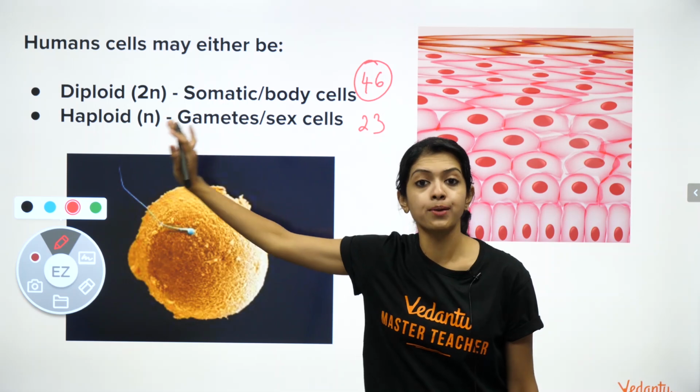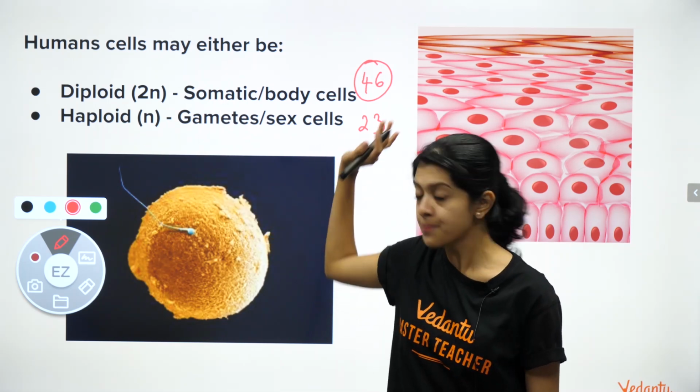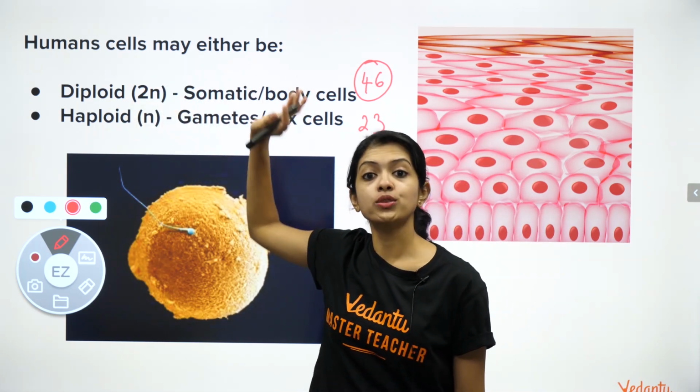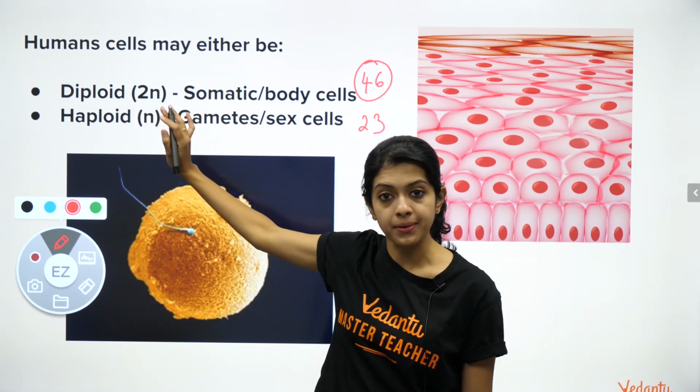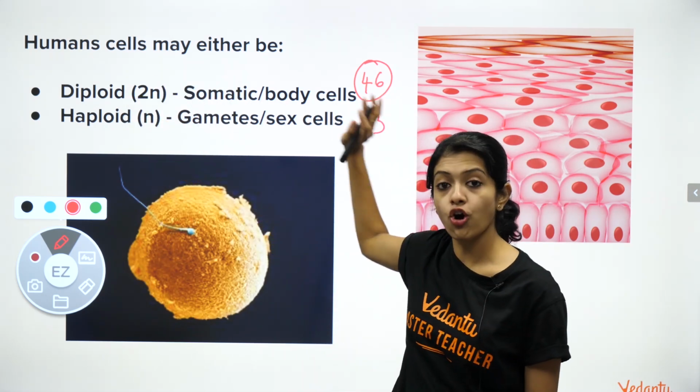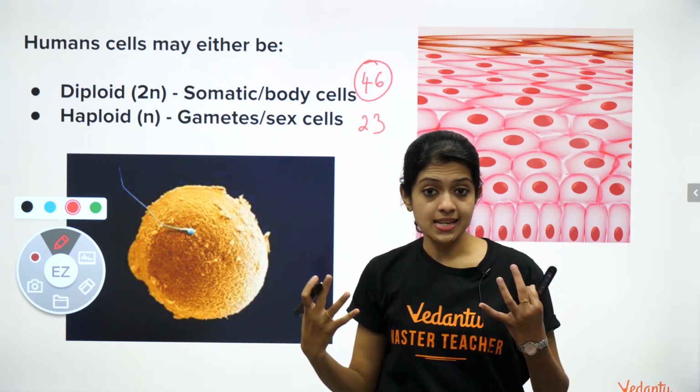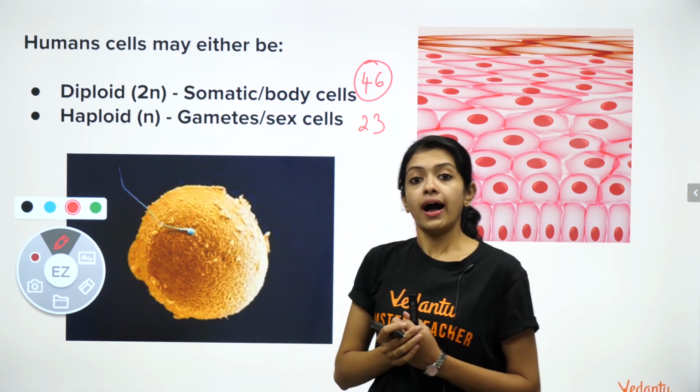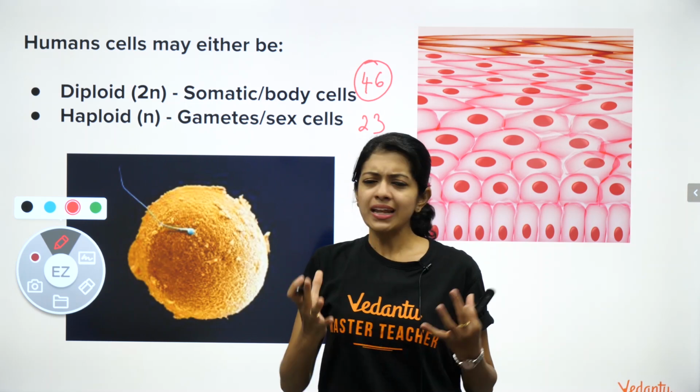So N, or the haploid number of chromosomes, is 23, while 2N, or the diploid chromosome number, is 46, or 23 pairs. Okay, so again, it may be a little confusing.